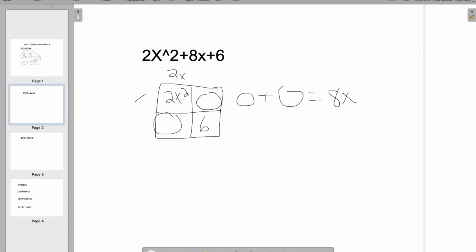So write 2 up there, x down there, and then plus, and then you're going to write out different factors.